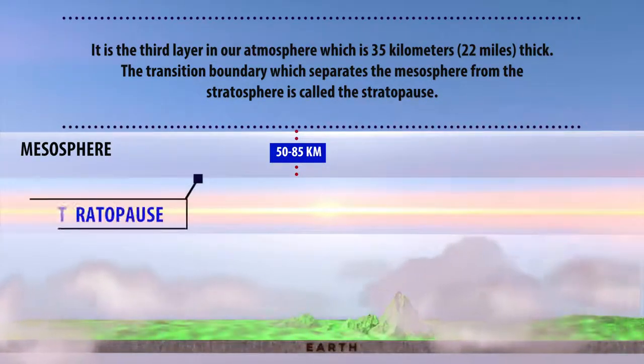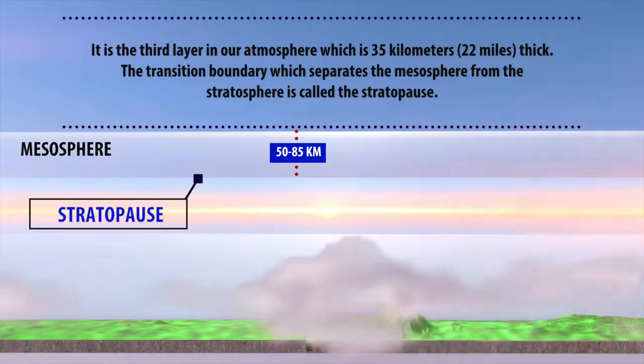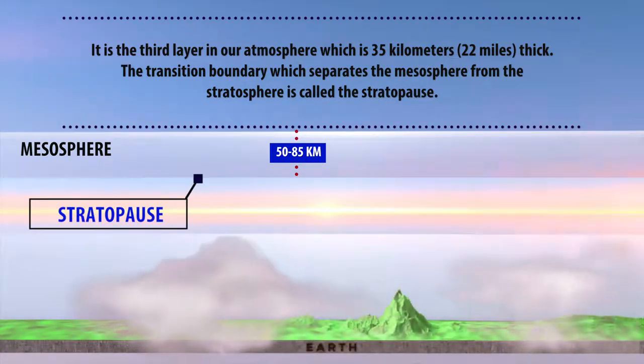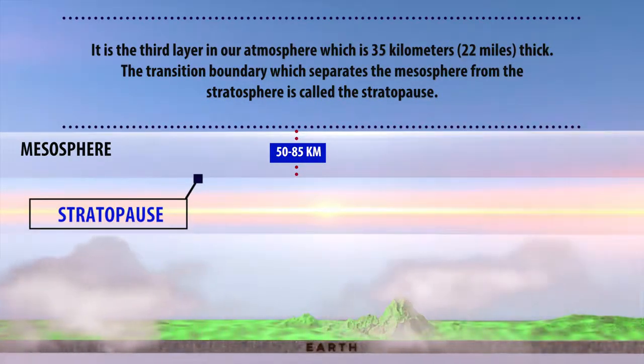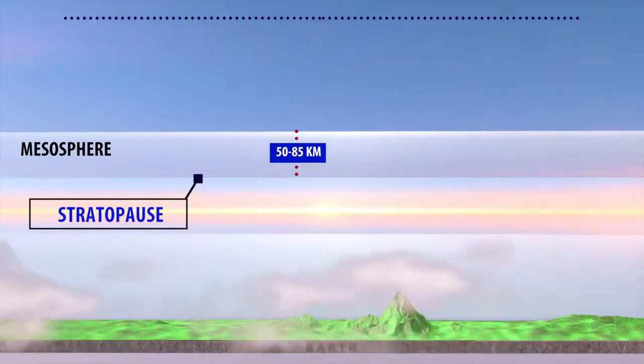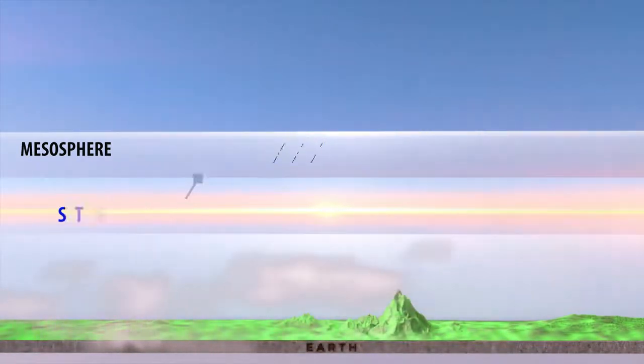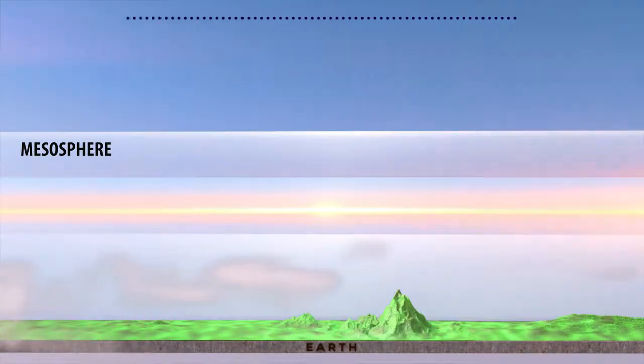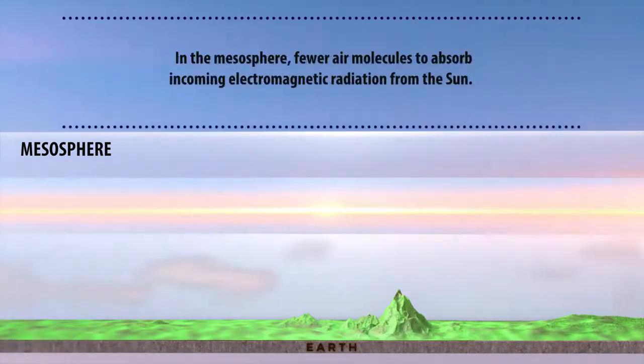The transition boundary, which separates the mesosphere from the stratosphere, is called the stratopause. In the mesosphere, there are fewer air molecules to absorb incoming electromagnetic radiation from the sun.